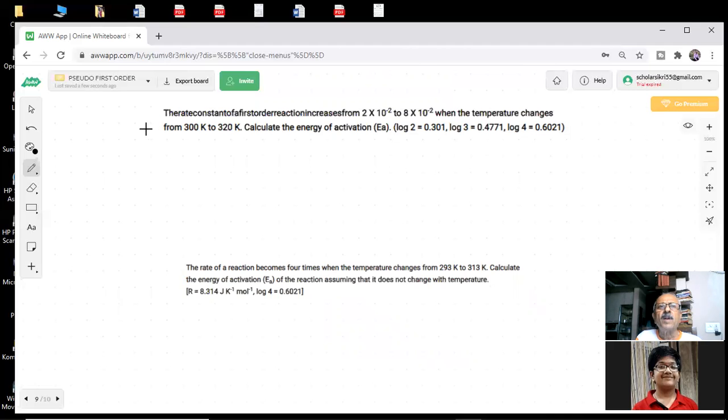This is our numerical. The rate constant of a first order reaction increases from 2 into 10 minus 2 to 8 into 10 minus 2 when the temperature changes from 300 to 320 Kelvin. Calculate the energy of activation.